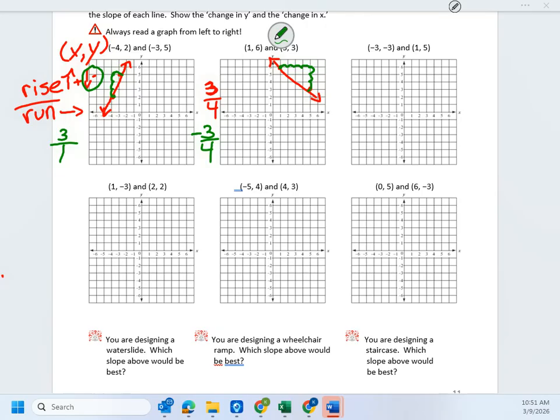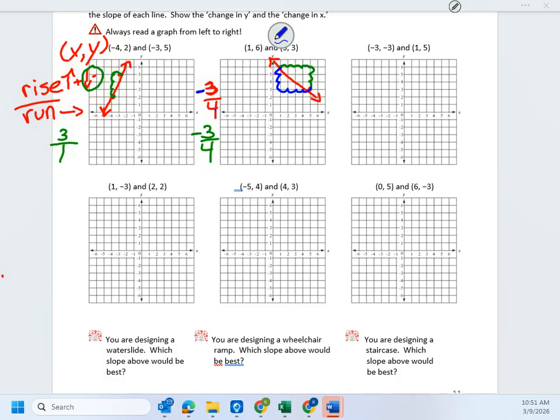So if you had a positive 3/4, because a lot of us had a thumb up, I went over 4, down 3. So I always go down first and go, okay, 1, 2, 3. So 3 on the top, 1, 2, 3, 4 across. If I go down, it has to be negative.